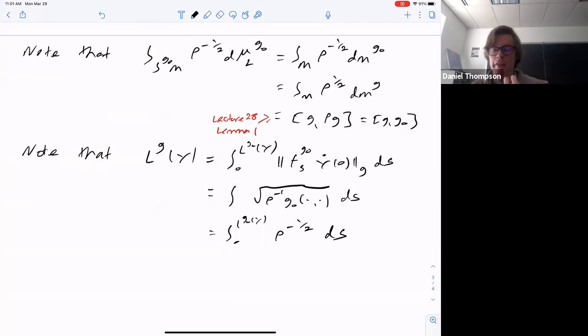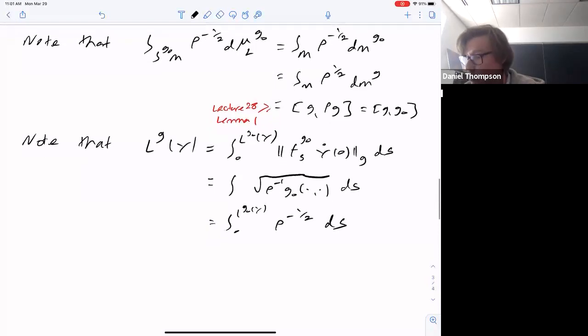What am I trying to do? I'm trying to compare g entropy to g0 entropy. So I'm looking at growth rates of periodic orbits up to length T with respect to the two different metrics. So I want a comparison between g0 lengths and g lengths of closed periodic orbits so that I can compare those two numbers.